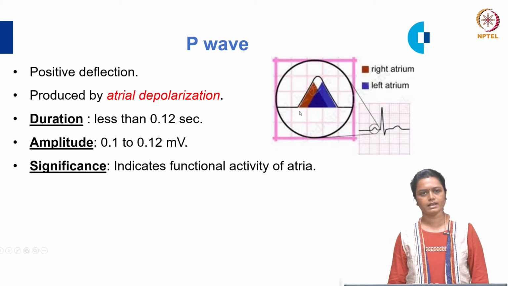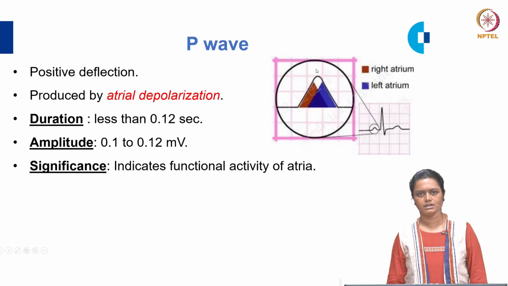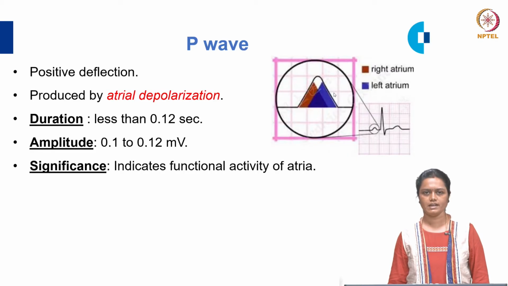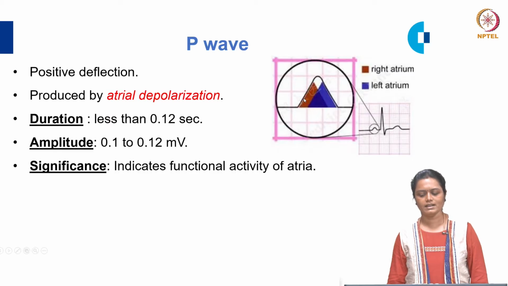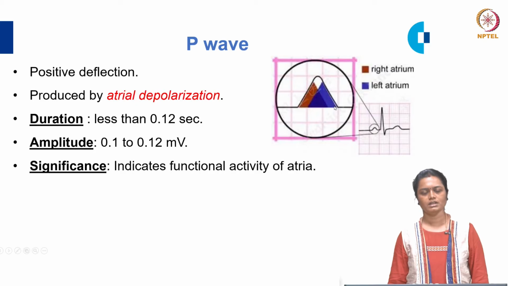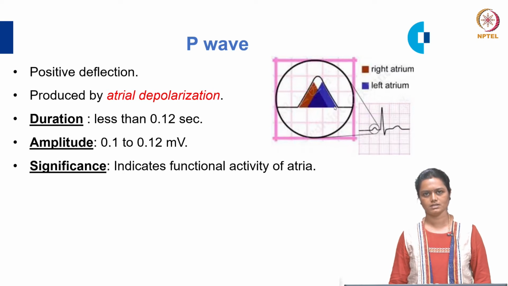The important thing which we must know is that the first half of the P wave is recorded by the activity of the right atrium, and the second half of the P wave is recorded by the activity of the left atrium. So, right atrial and left atrial activity summate to form the P wave, and the contour of the P wave is smooth and it can be either entirely positive or entirely negative in all the lead systems.